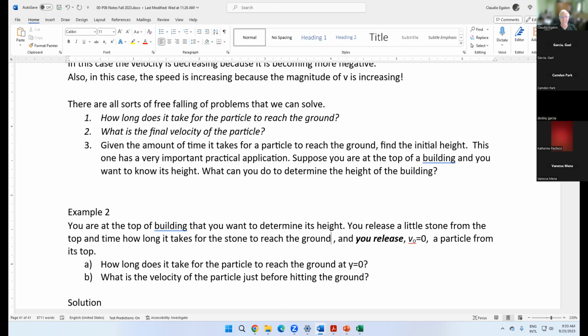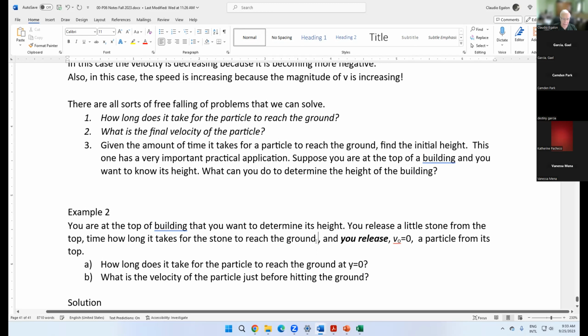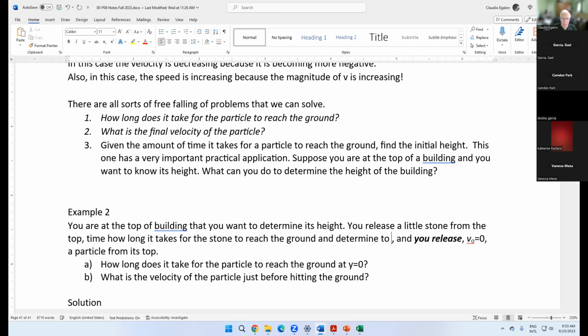Okay? You determine this amount of time to be t equal to 20 seconds.